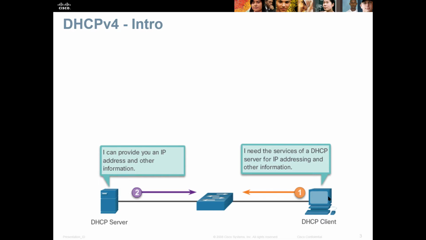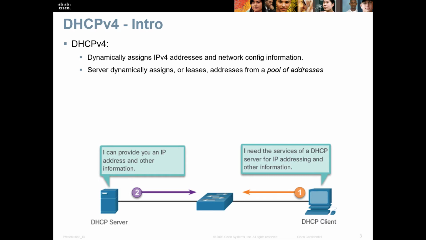I need the services of DHCP for IP addressing and other information. And the landlord decides, oh, I can provide you an IP address and other information. This is the start of a negotiation process. Okay? So be clear about that. This is the start of that process.